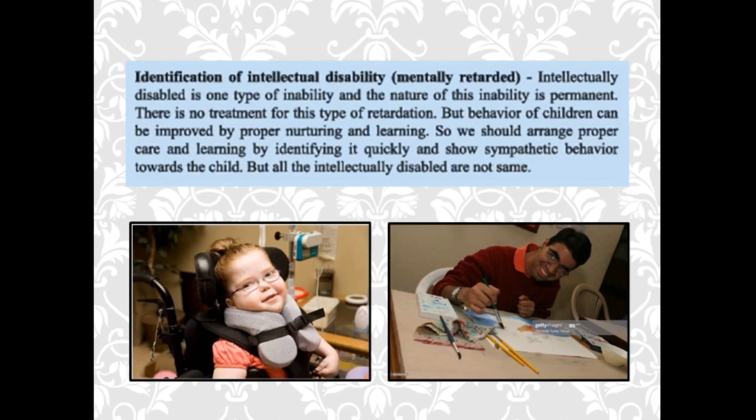But the behavior of children can be improved by proper nurturing and learning. So, we should arrange proper care and learning by identifying it quickly and show sympathetic behavior towards the child. But all the intellectually disabled are not the same.